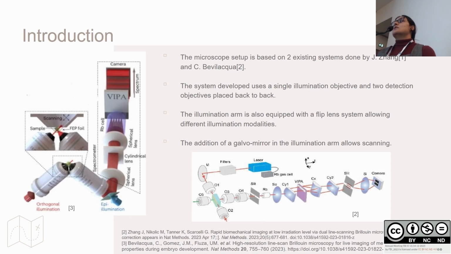This system uses a single illumination objective and two detection objectives placed back to back, as you see here. But the system I'm building has one illumination arm, so we use a single laser, and the same thing is used for fluorescence as well as Brillouin, because the idea is when I have the fluorescence map, I also have my Brillouin scattering so that I can compare between these two.